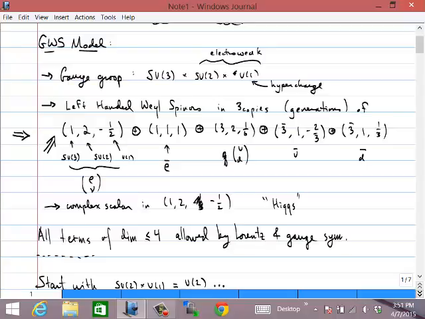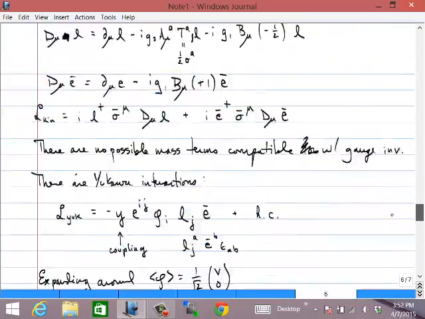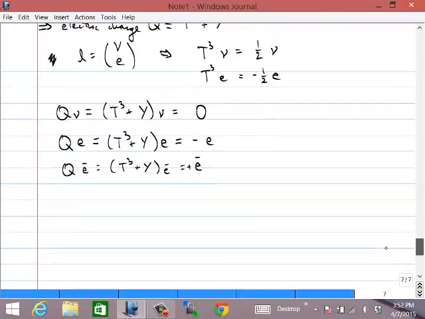We're summarizing the fact that the neutrino doesn't have charge, the electron has charge minus 1, the positron has charge plus 1, and so on and so forth. Any questions on this so far? I mean, I'm really not doing anything fancy. All I'm doing is working out in somewhat gory detail a specific case of the Higgs mechanism.